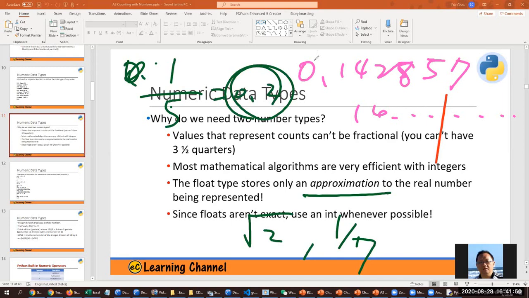But if you have a rational number like 1 divided by 7, or an irrational number like square root of 2, you don't have the exact number. You can only store an approximation of the number in your computer. Is that okay? Yep.